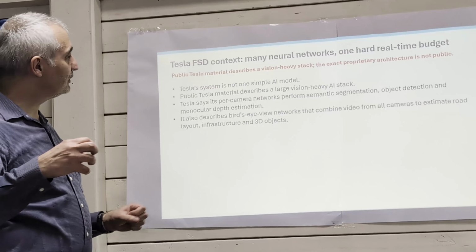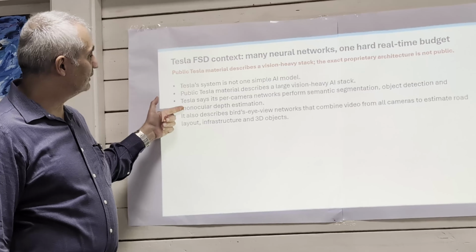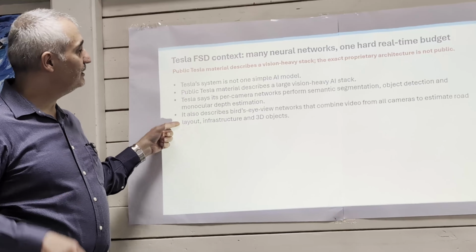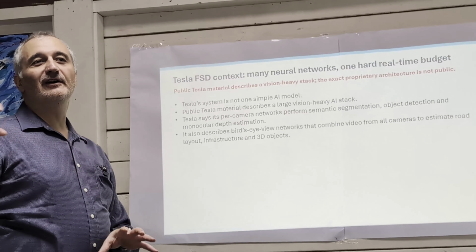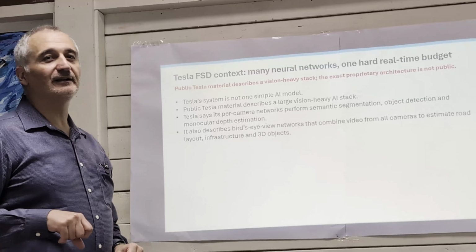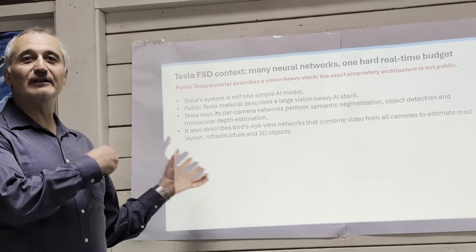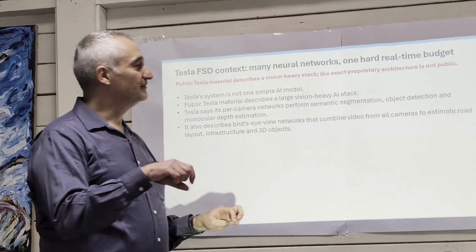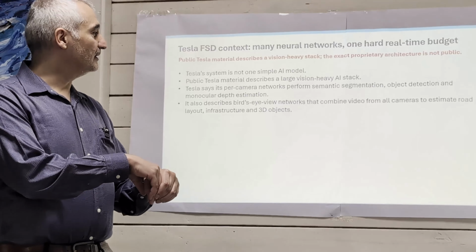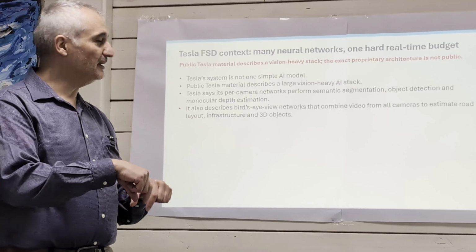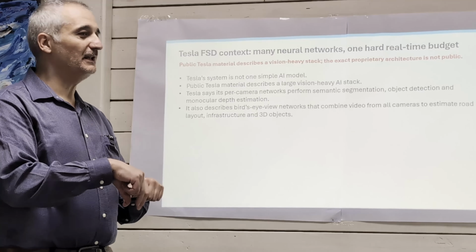So it builds those different models from the camera images. The most interesting one is the bird's eye view. Although it would be nice to have it on the screen, it actually has it, we just don't see it. In the bird's eye view, you have the car in the middle, and then you have the road layouts, 3D objects, and humans, obviously.